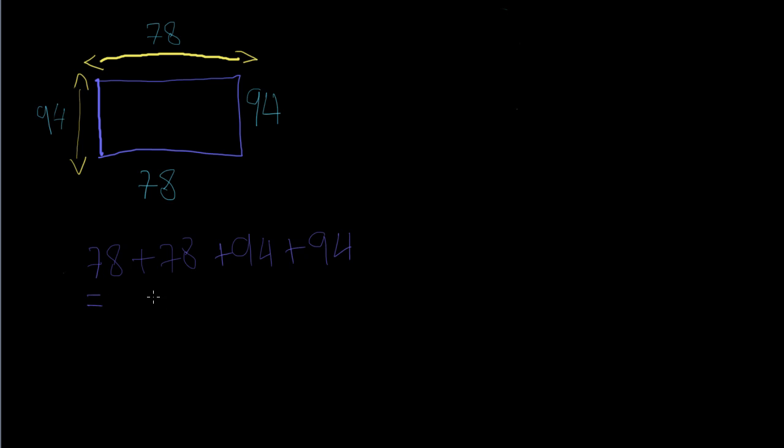An easy way to work out this calculation would be 70 plus 70 plus 90 plus 90 plus 8 plus 8 plus 4 plus 4. This is a bit longer, but it would make sure you have much less chance of making a mistake.